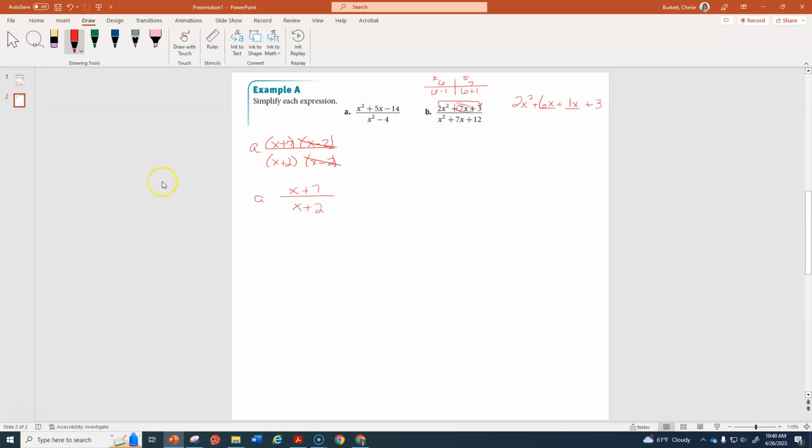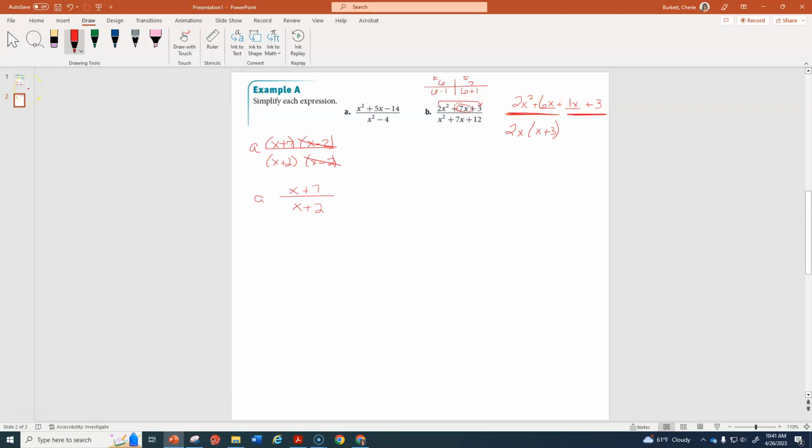I put the 6 next to the 2 because my next step is to factor this group and to factor this group. And I knew that the 6 and the 2 would have a GCF of 2. So factor out the GCF of that top group. 2x is the GCF, and that leaves me x plus 3. Remember, when I'm asking you what a GCF is, I'm asking you to undistribute any common factor.